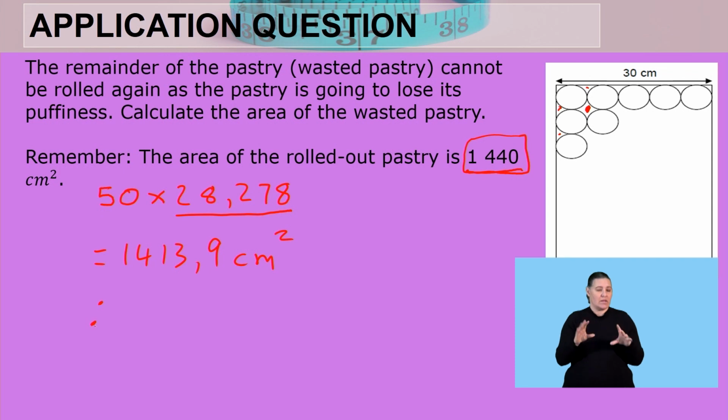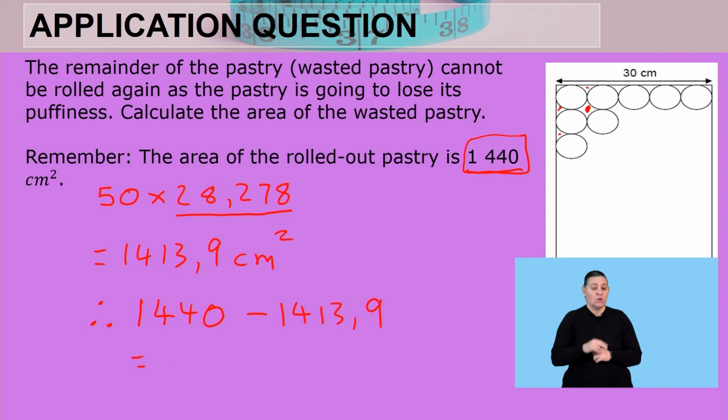Then, all right, let's see what's wasted. If everything is 1,440 and we take away, we cut out 1,413.9, what are we left with? 26.1 centimeters squared. Nice work. Ended off on a high there.